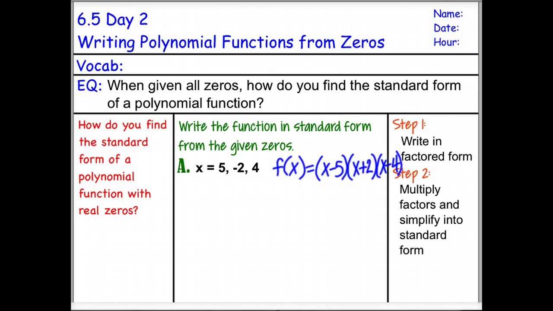So I'm going to start by FOILing this out, giving me f of x, and I'm going to put the x minus 4 out front, only because I like it to have the shorter stuff out front. And when we FOIL, we get x squared plus 2x minus 5x, so minus 3x minus 10. And then I can go ahead and FOIL that yet again.